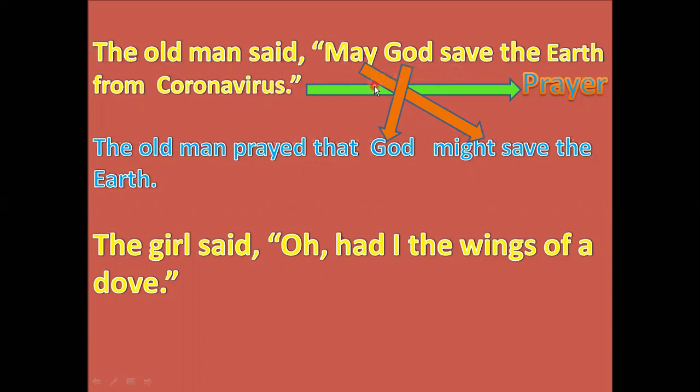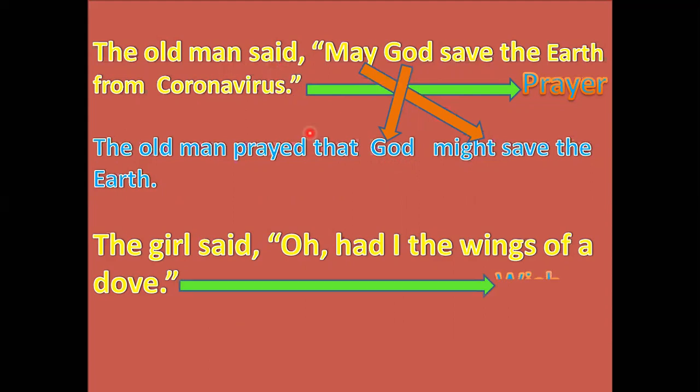To remember, in all indirect speech, the sentences are always changed into assertive sentences, and hence it will end with a full stop. That's why the subject will come first and will be followed by the verb, and hence God will come first and then might. Why might? Because the reporting verb is past.